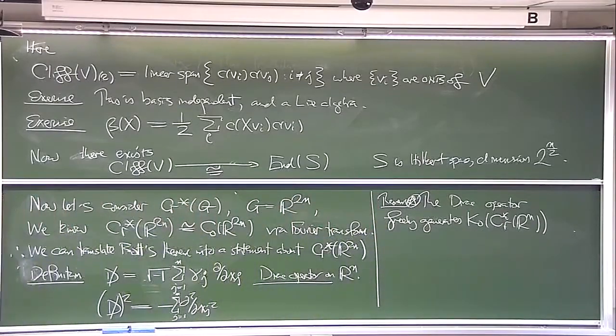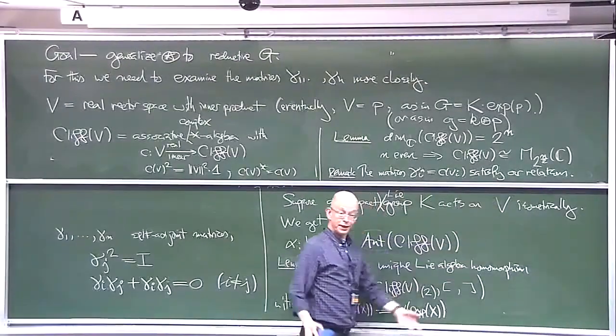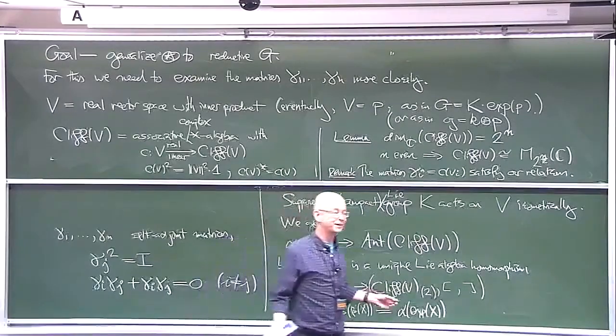And if you put this together with that, you get a representation of K. All of a sudden, you get to do a little representation theory.